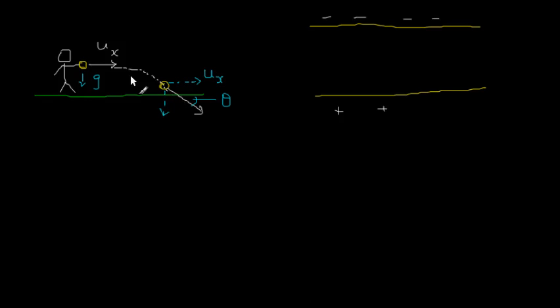So the horizontal component ux would remain the same, and we want to find the vertical component. Let me call that uy. Now this final direction of the velocity would be the diagonal of a rectangle with these two components as the sides.